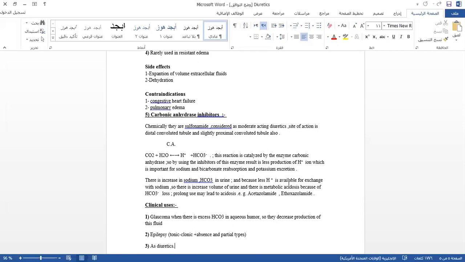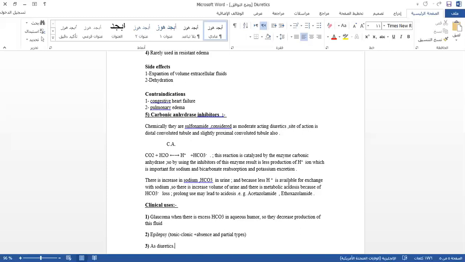Inhibition of this enzyme leads to increased sodium bicarbonate in the urine, because less hydrogen is available for exchange with sodium. So there is an increased volume of urine and metabolic acidosis because of the loss of bicarbonate.